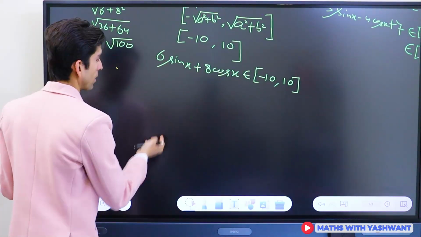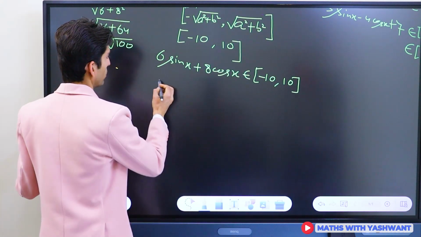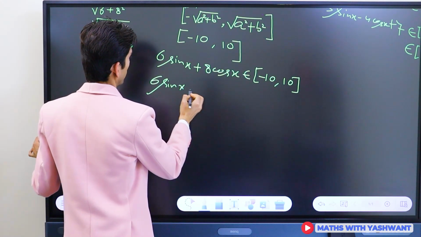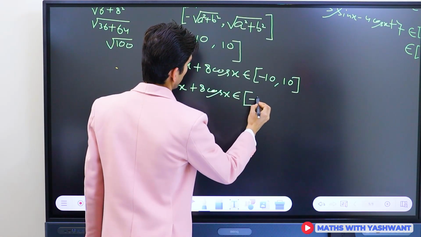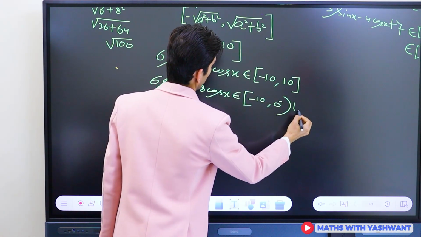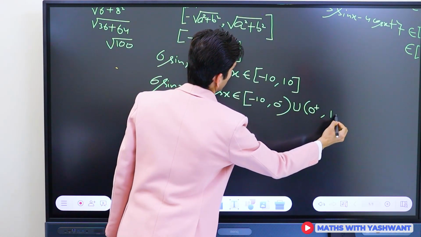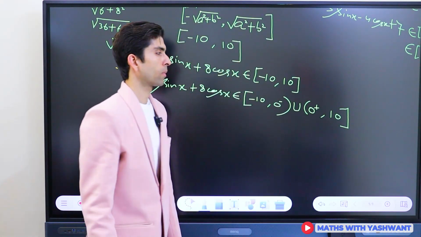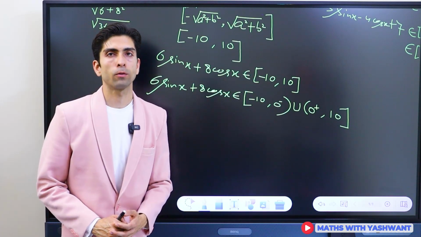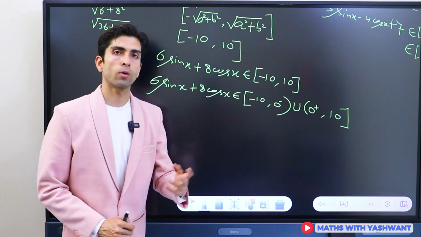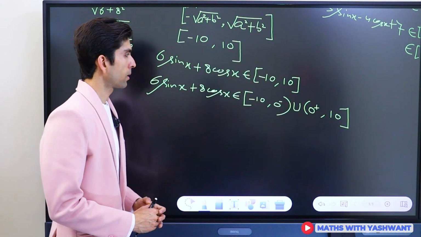So for 6 sin x plus 8 cos x, we write negative 10 to 0 negative, union 0 positive to 10. Why we break at 0, I have explained in detail in my previous video, so you can watch it and understand.